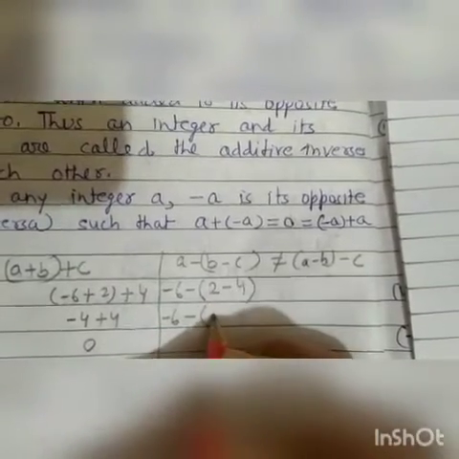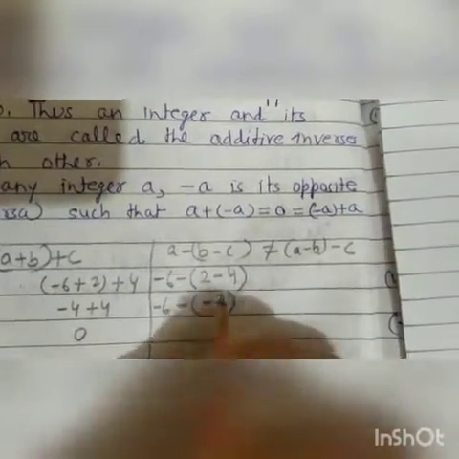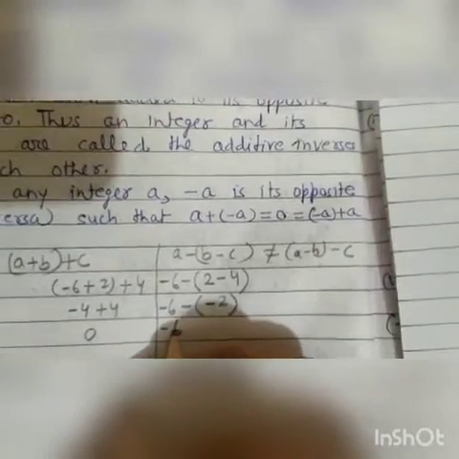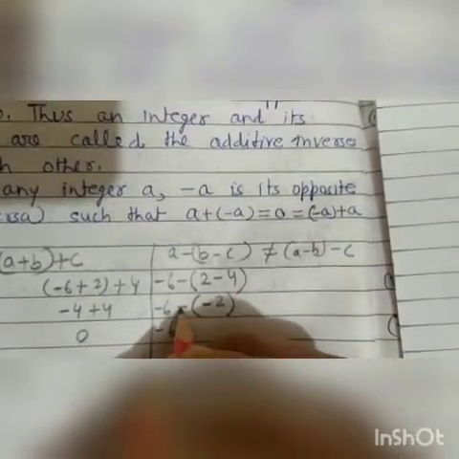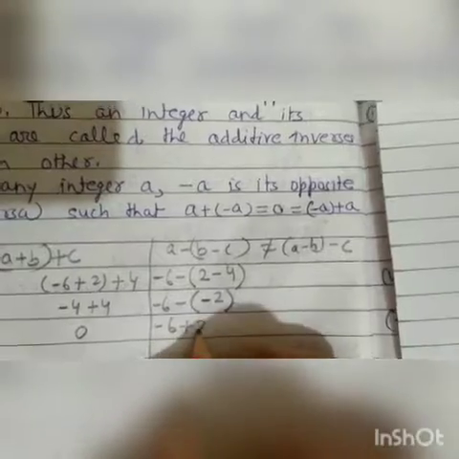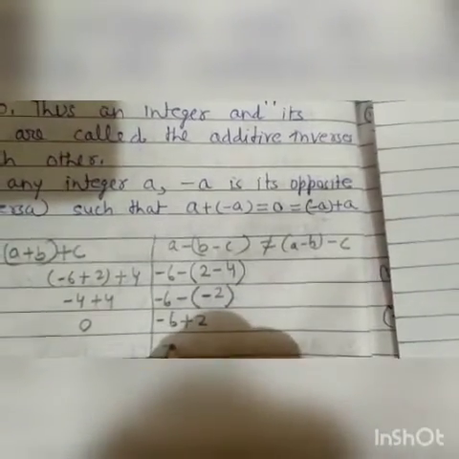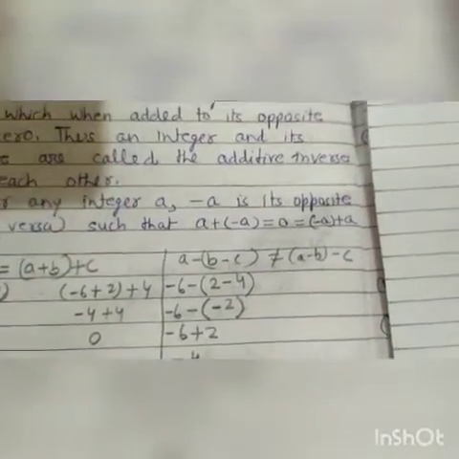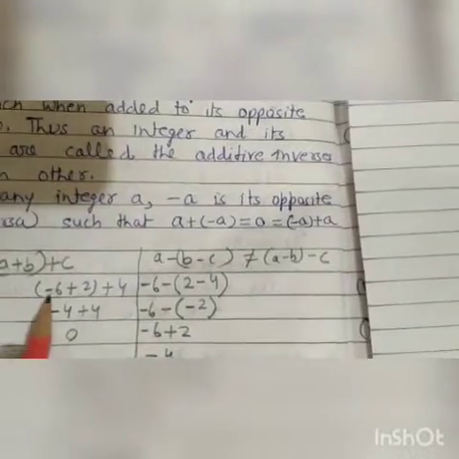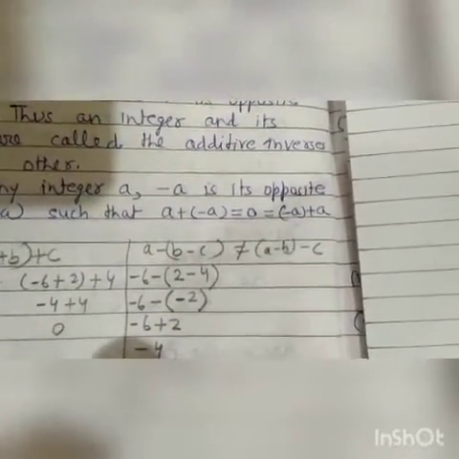Solve this: 2 minus 4 will be minus 2. Now this minus 6, outside of this bracket it is minus, so it will be written as plus 2. Minus 6 plus 2, again minus 4.